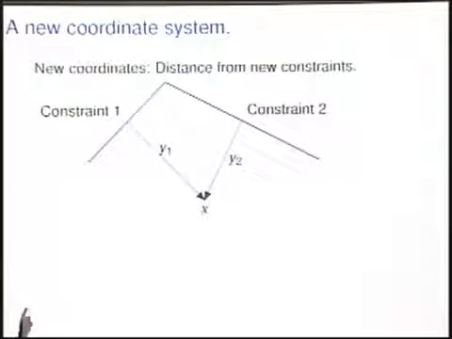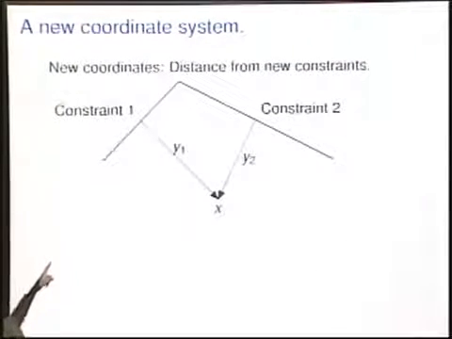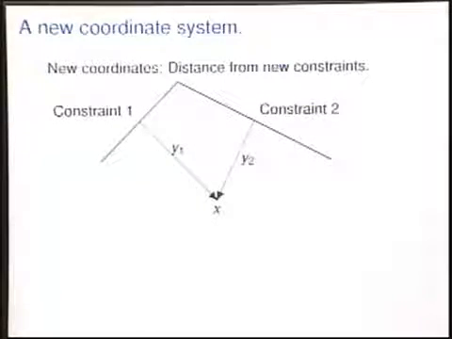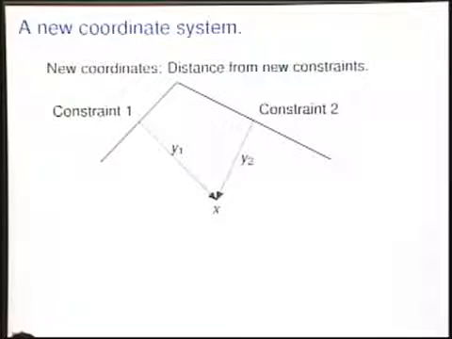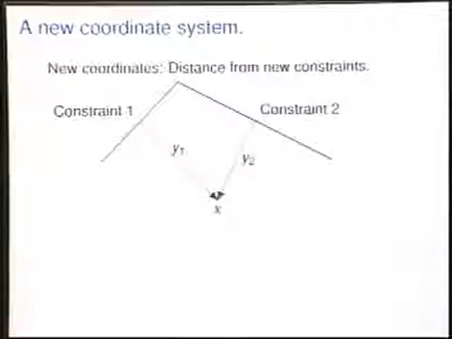So say we're tight with these two constraints. Okay? So we're at that vertex. We're at the point in the middle. Okay? So now the coordinate system we're going to use is the distance from each constraint. If you have n constraints, you have a distance from each constraint. That's each one of your coordinates. Okay? So where the vertex itself is at the origin, right? It's at distance 0 from all the constraints. Okay?